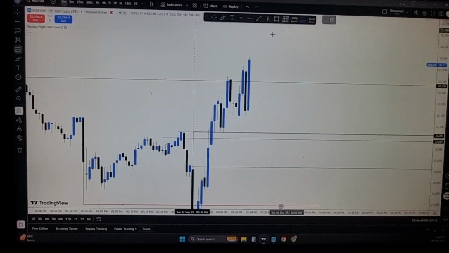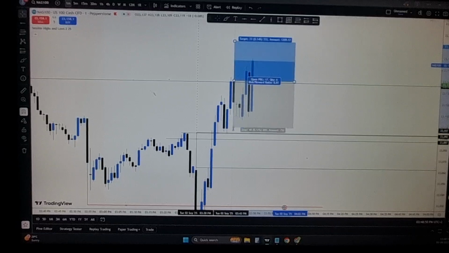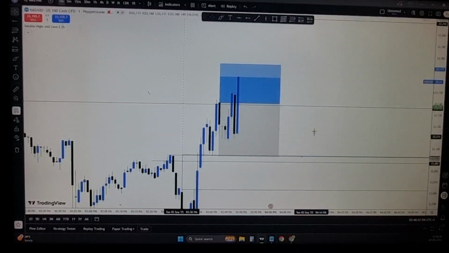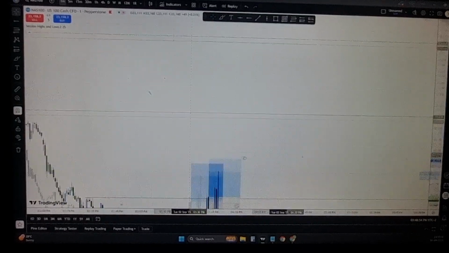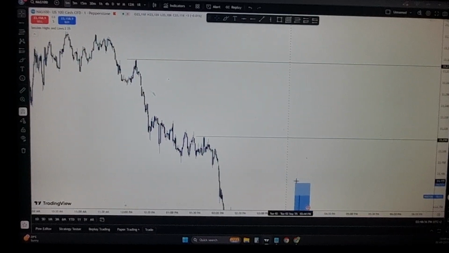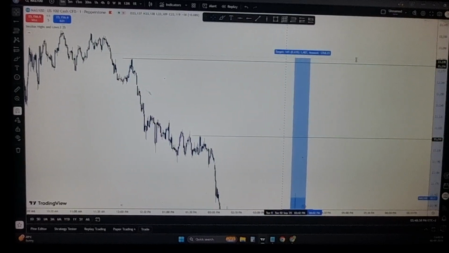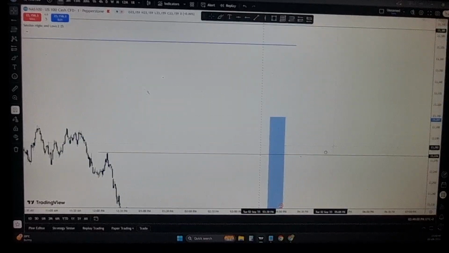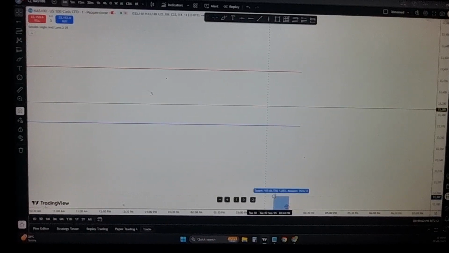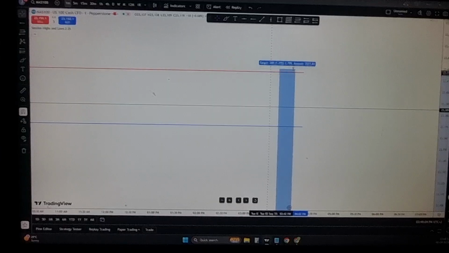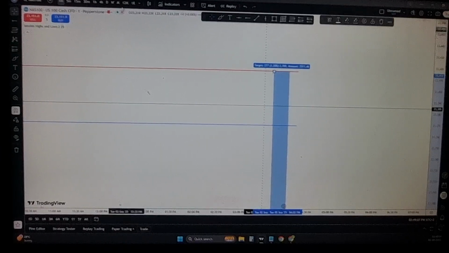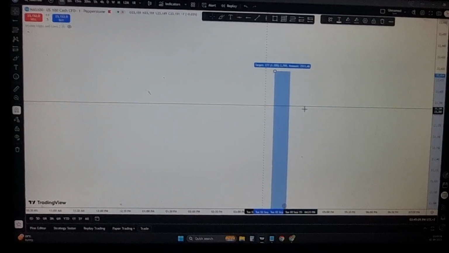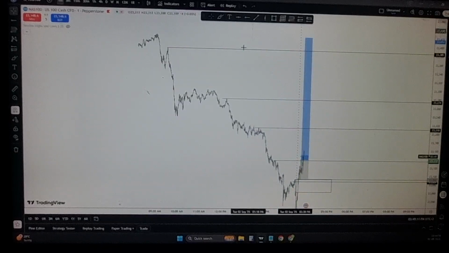This wouldn't have been a bad entry. I'm probably gonna shoot myself about it, but let's see. Let's put in London highs. Bam. Put our indicator off.